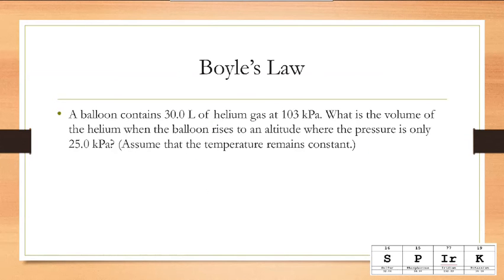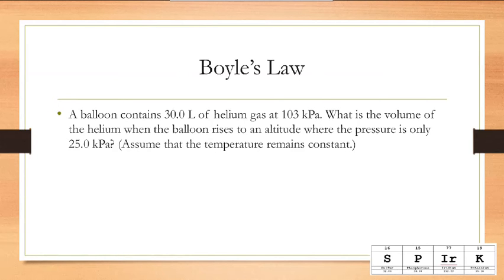So we can solve problems now to determine what the size of, in this case, a balloon is going to be. A balloon contains 30.0 liters of helium gas at 103 kPa. What is the volume of the helium when the balloon rises to an altitude where the pressure is only 25.0 kPa? And remember, for Boyle's law, we have to have a constant temperature.